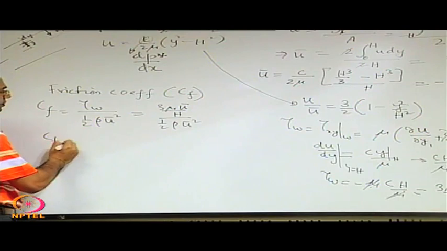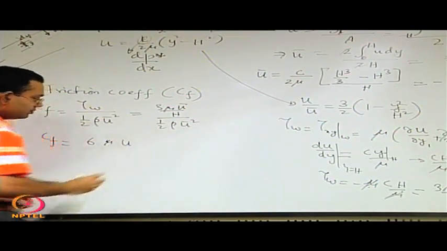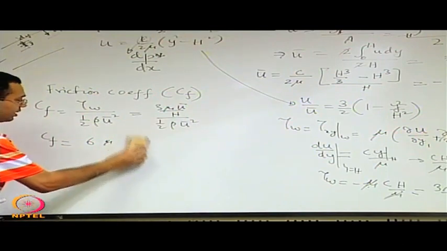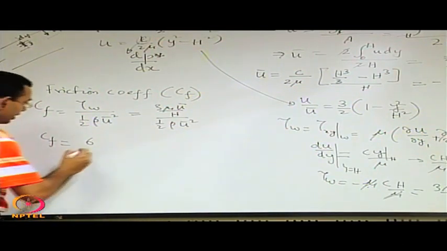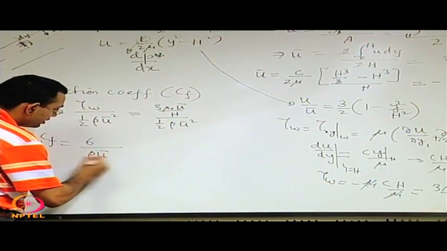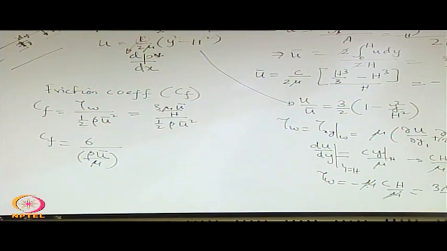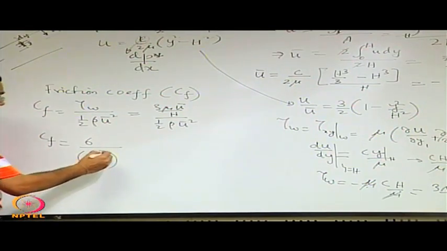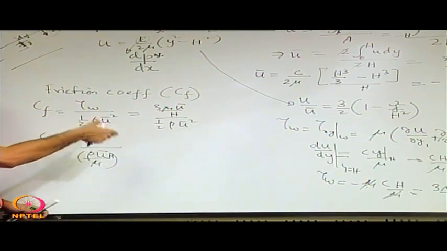So, Cf is 6 divided by rho u average into h by mu. And if you want to write it in terms of the width of the channel, this is 2h.